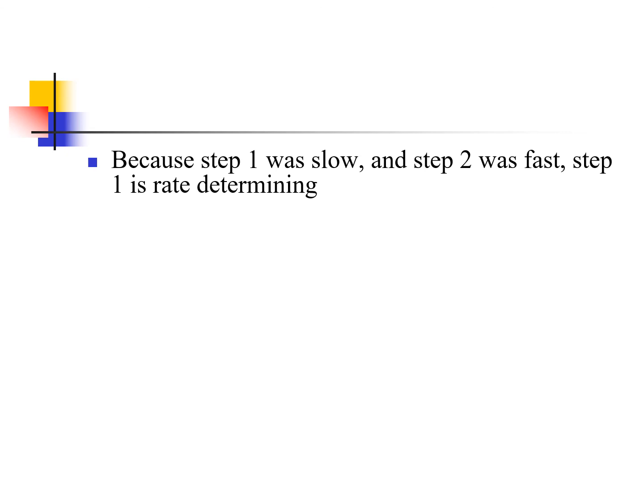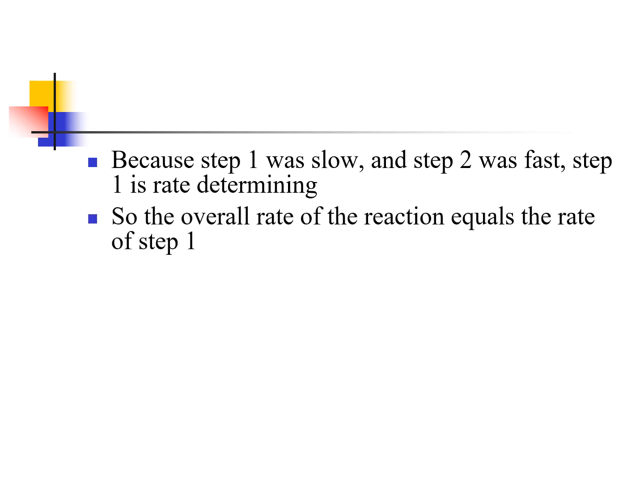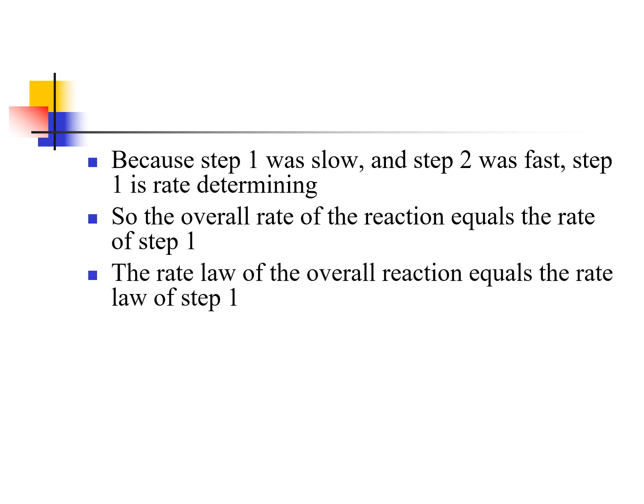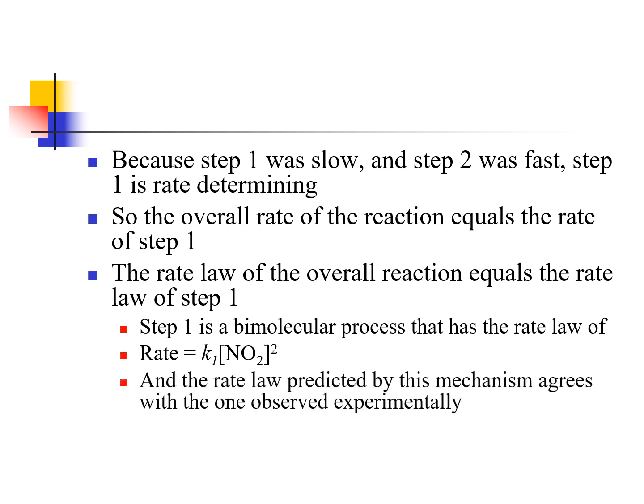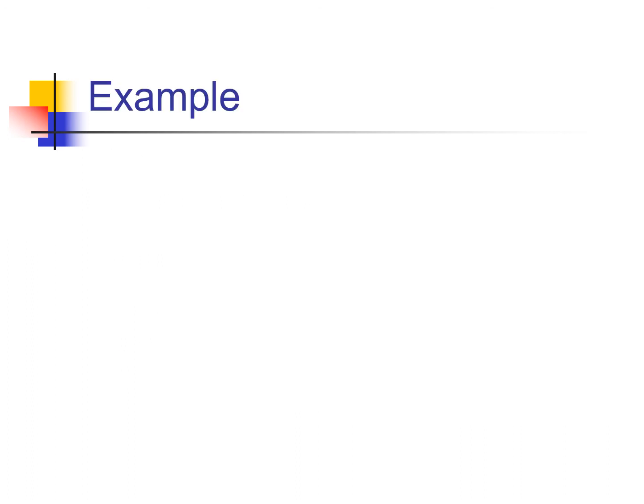That means the first step is the rate determining step, so the overall rate of the equation equals the rate of step 1. That means the rate law of the overall reaction equals the rate law of step 1. So step 1 is bimolecular, has a rate law of that. The 2 there is because there's 2 of them, which matches the rate law that we find experimentally. So that is a reasonable mechanism.